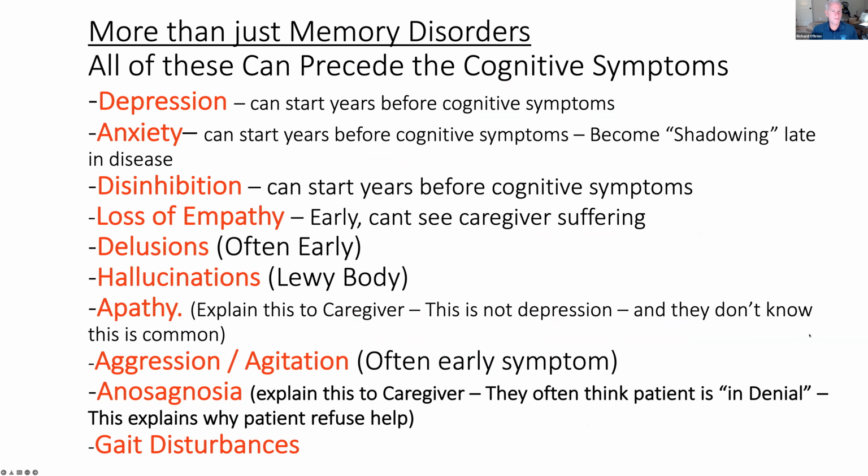They can't see the caregiver suffering, delusions, hallucinations, apathy, which is important to explain to the caregivers because this is not depression and won't respond to depressive treatments, aggression or agitation, anosognosia, which is, as you know, just a lack of insight, which just makes the caregivers insane because the patient thinks there's nothing wrong and the family thinks they're just in denial, but it means they don't know they have it and they refuse help. And then gait disturbances.